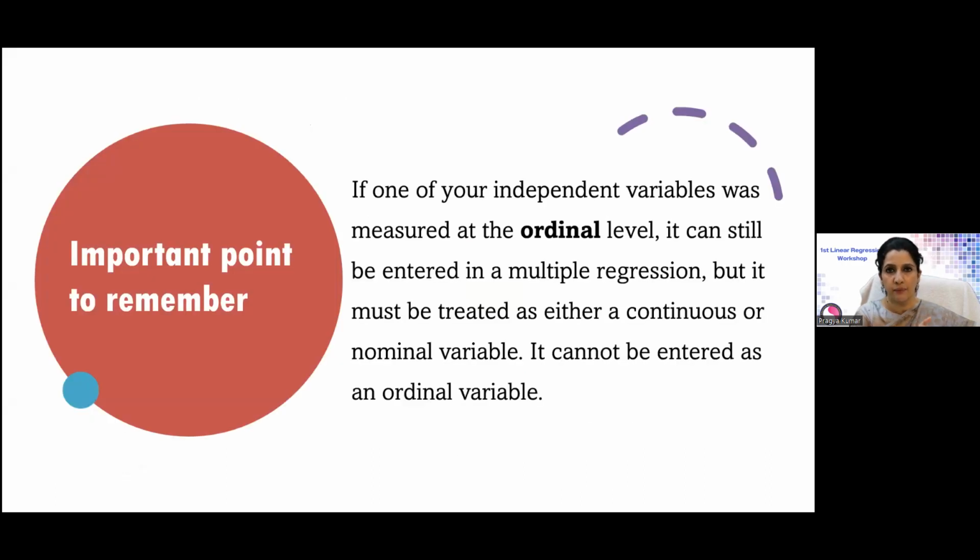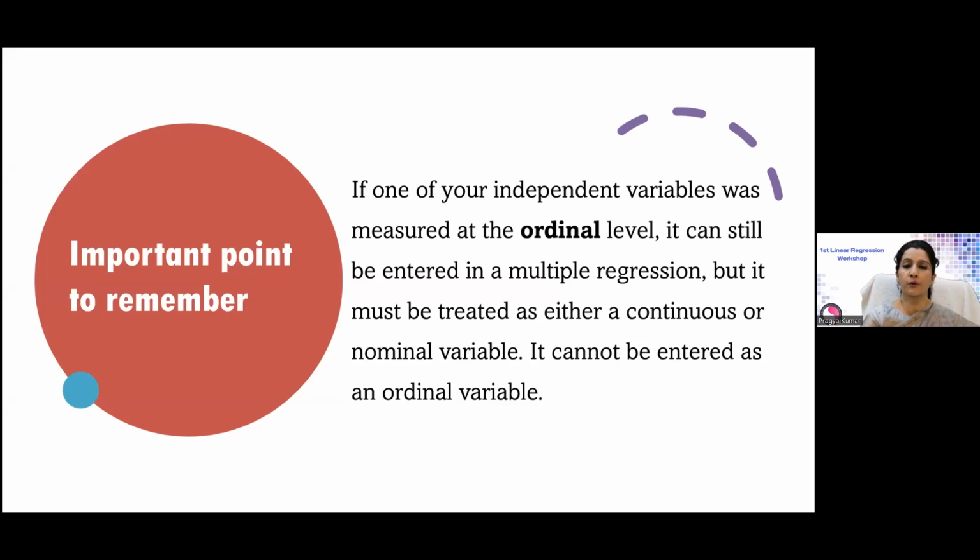There is an important point to remember at this level: if any variable in your predictor variables is ordinal in nature, like socioeconomic scale, you can still put it in multiple regression, but that ordinal nature will be lost. You have to treat it like a nominal variable.